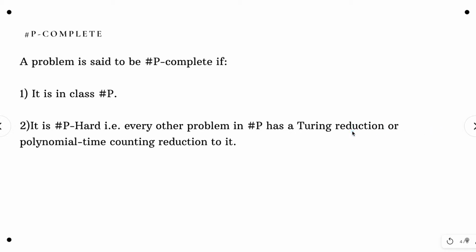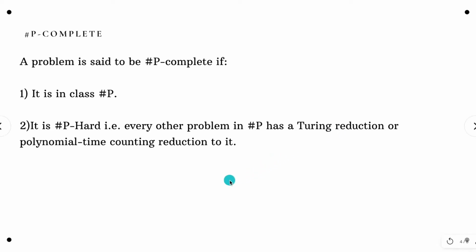Let's see what #P-complete is. A problem is said to be #P-complete if, no surprises, it is in class #P and it is #P-hard. This is the exact same definition we've seen earlier for class C complete, that is, if it is in class C and it is C-hard.